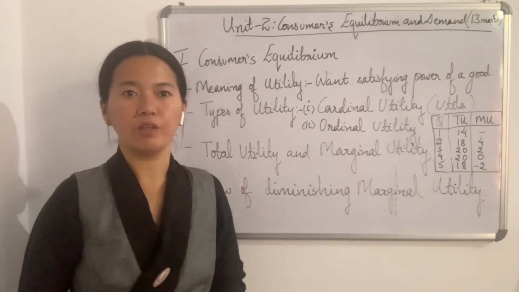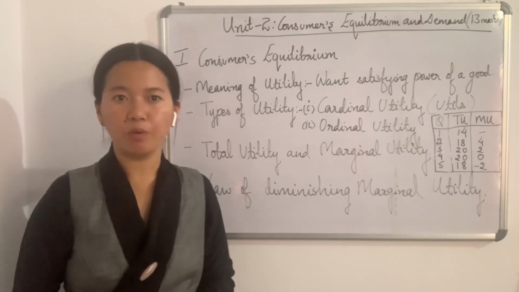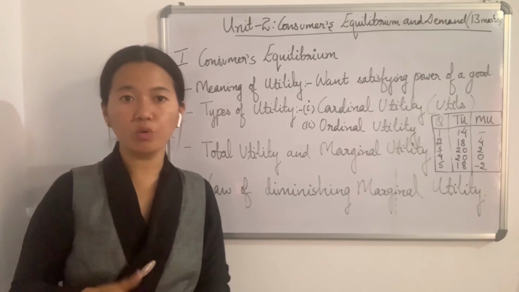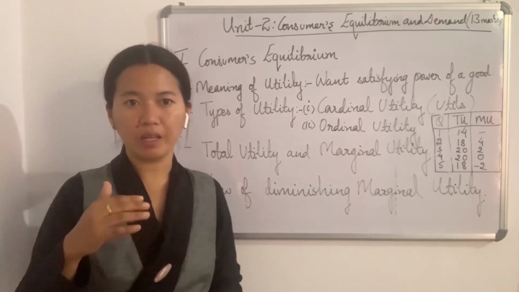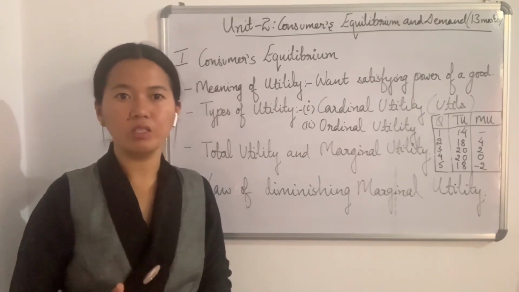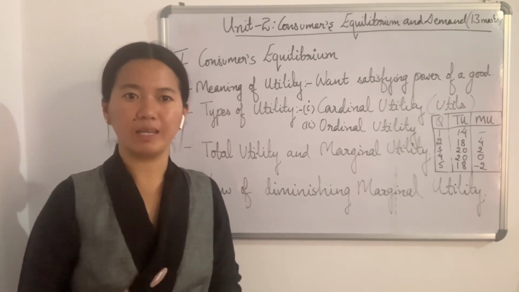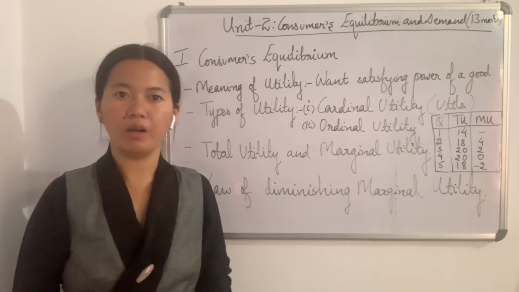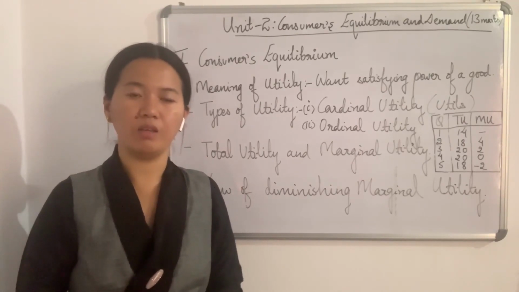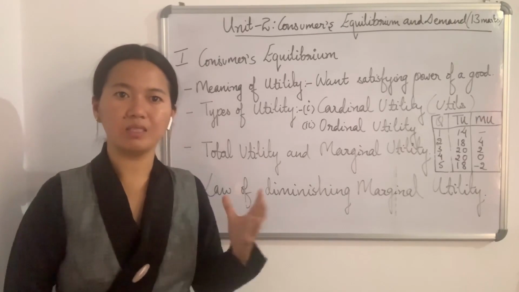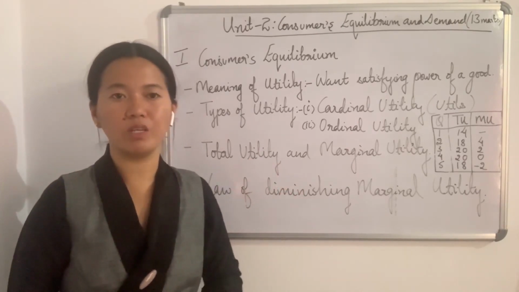Why is that? Because as we keep on consuming more goods and services continuously, your desire to have those goods will decline. It must have happened in your life because this psychological law is very general.